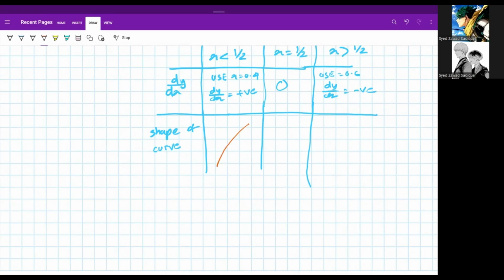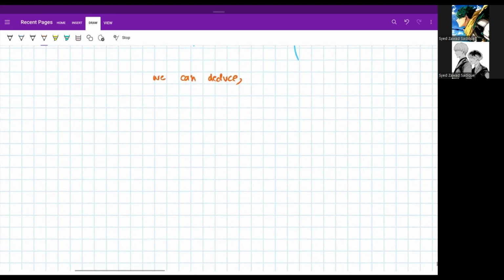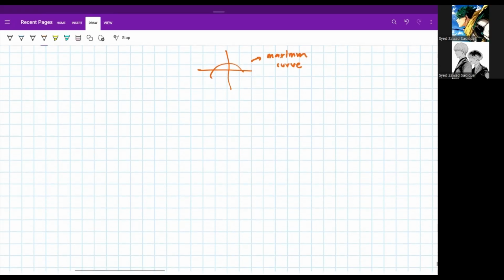For stationary point, shape is this. For negative gradient, shape is like this. Therefore, we can deduce the shape of the graph is like this, which is a maximum curve. Therefore, we can say the point is maximum.